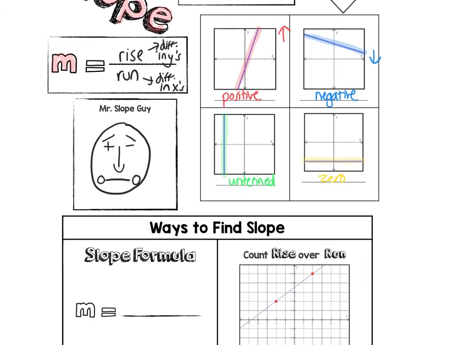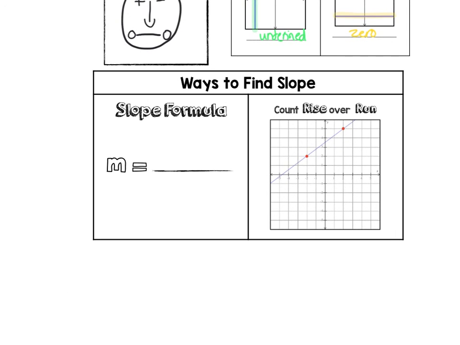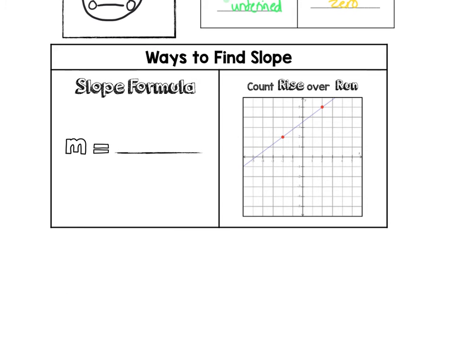So slope is rise over run, and there are a couple different ways to find the slope of a graph. You can use what is known as the slope formula, which you may have seen before. The slope formula is used when you have 2 ordered pairs given to you, and you subtract the y's on top and then divide by the difference of the x's on the bottom.